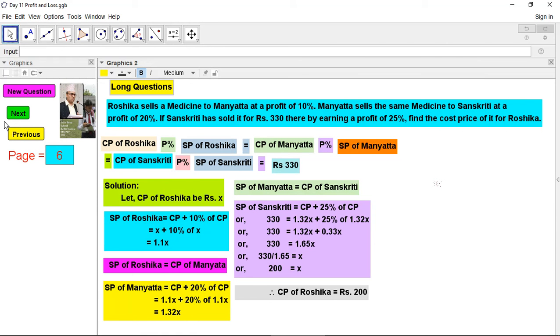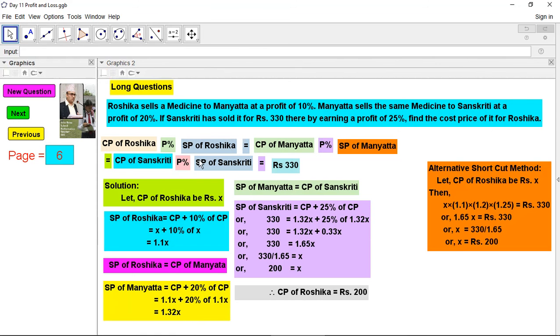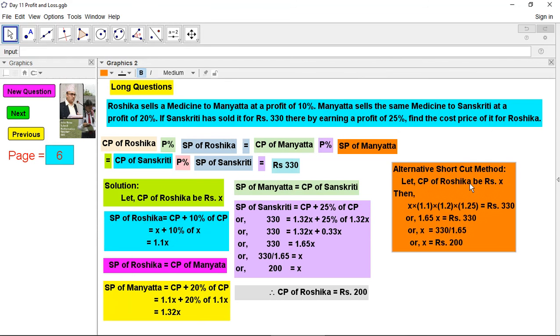Alternative shortcut method, dear students, look here. We can suppose the cost price of Roshika be X. Roshika sells with 10% profit, that is 1.1. X multiplied by 1.1, because a profit of 10% will be added, 100 plus 10 will be 1.1. That's why I have multiplied by 1.1.